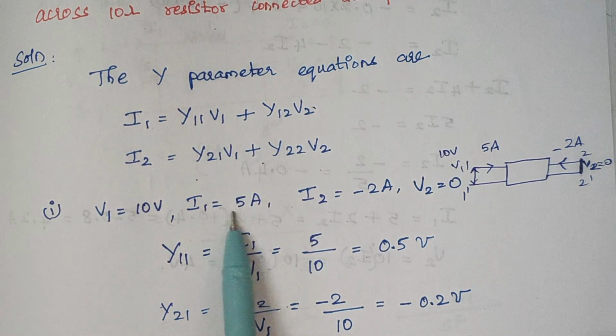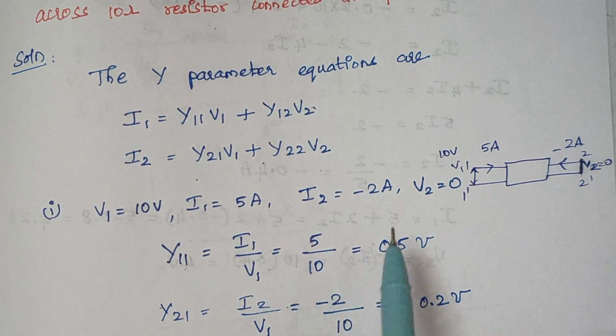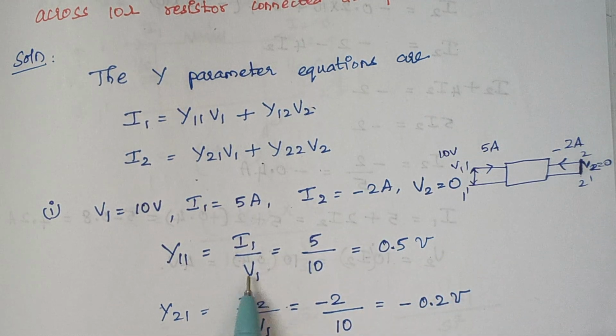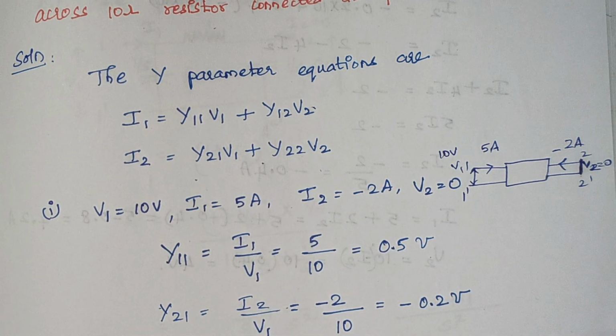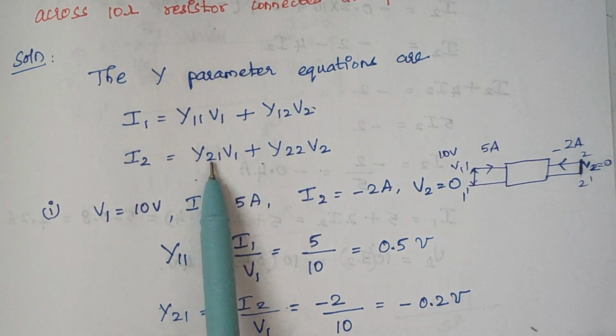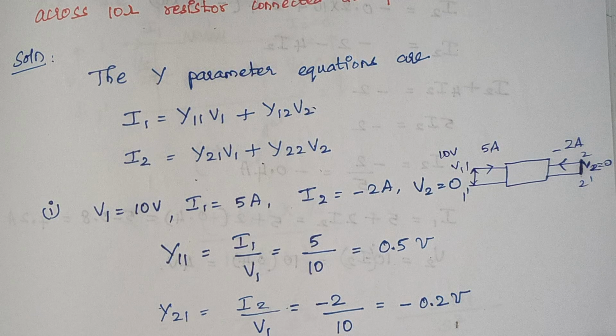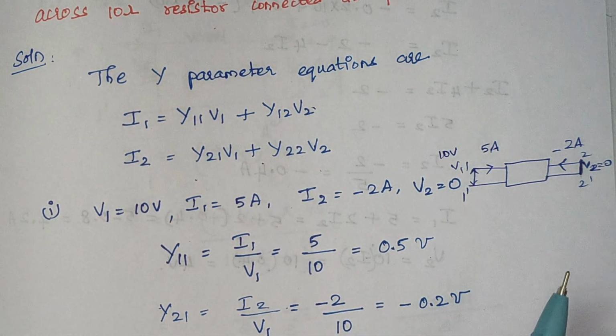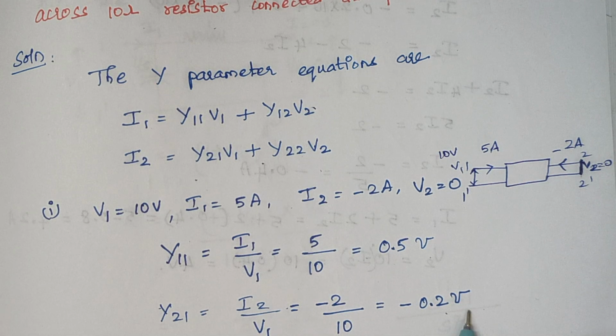The value of I1 is 5 amps and V1 is 10. So the answer is 0.5 mho because it is the ratio between current and voltage. And next, Y21 is I2 by V1. Here the value of I2 is minus 2 and the value of V1 is 10, so it is minus 0.2 mho.